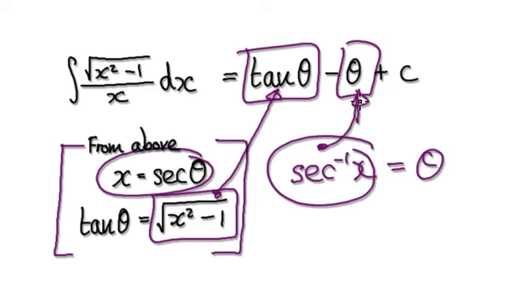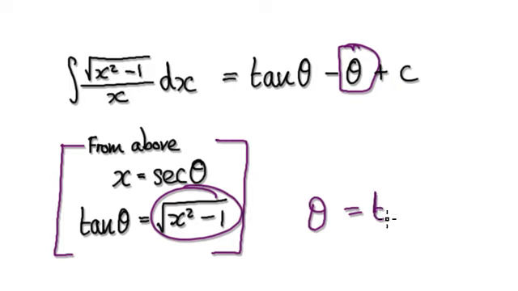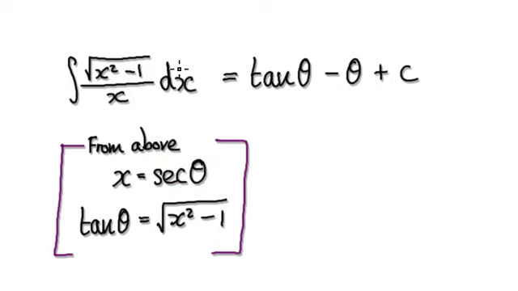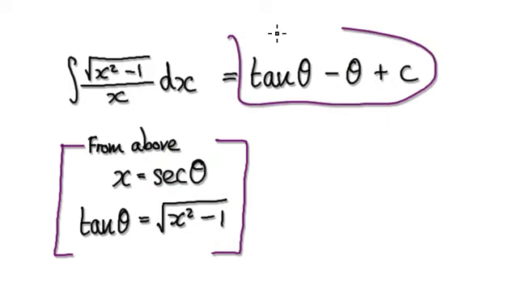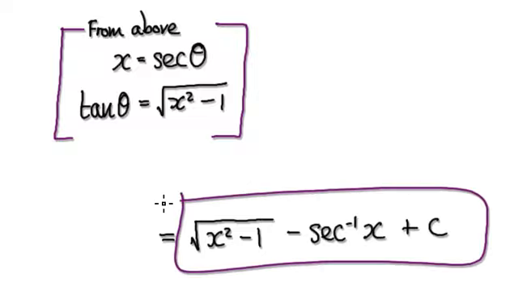So now you can put this into here. By the way, for this bit here, you could inverse tan this, so theta equals inverse tan of this whole thing here. But then this whole thing is really complicated. So for this theta, use this. This whole thing will then become this. And this is your final answer. Okay?